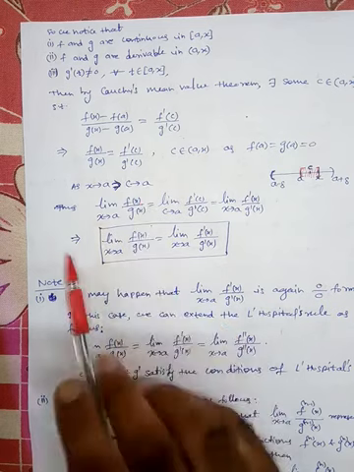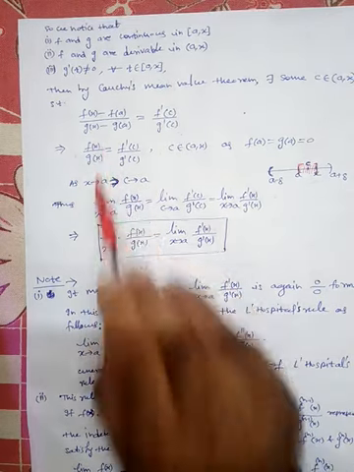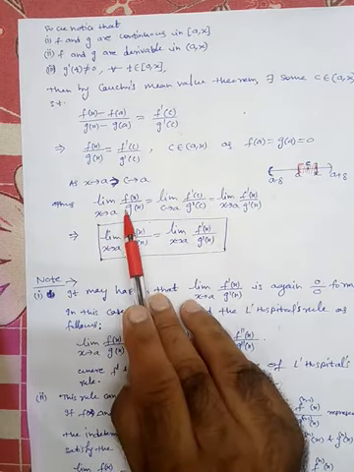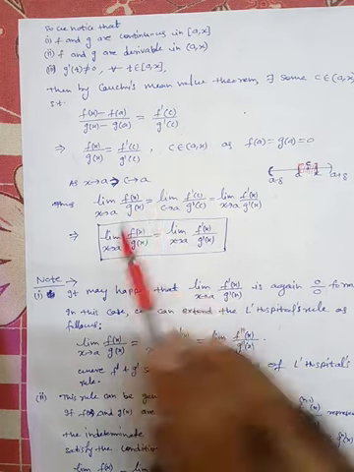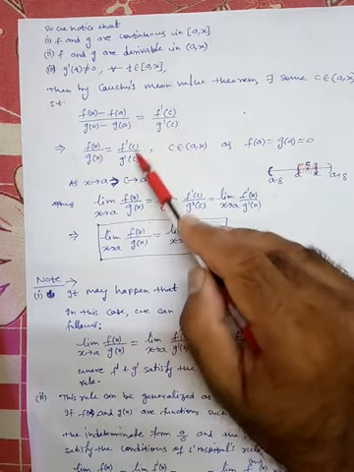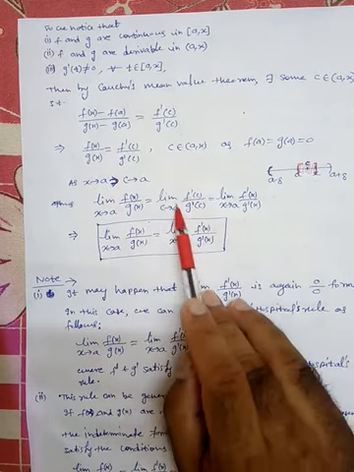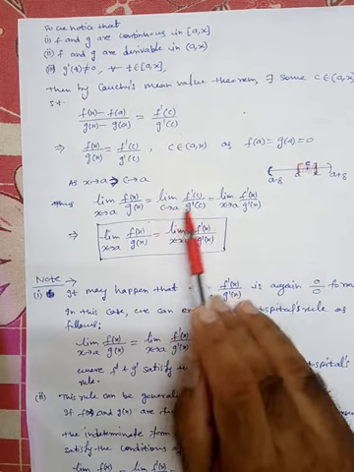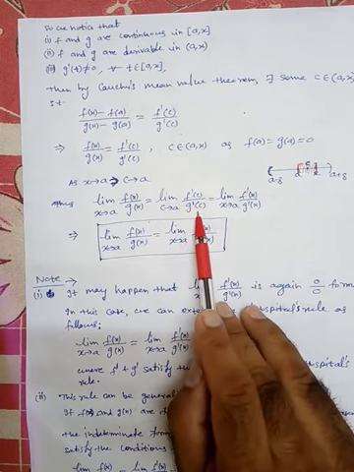Then on the left hand side we are taking the limit x tending to a of f of x divided by g of x, which is equal to, on the right hand side we have c. Since x tending to a implies c is tending to a, we take here c tending to a. So limit c tending to a of f dash c divided by g dash c.